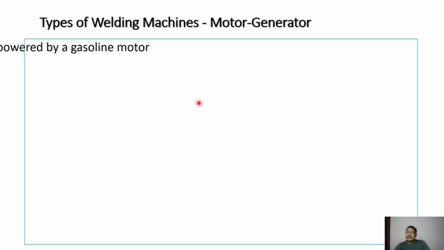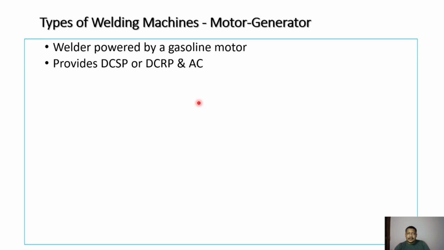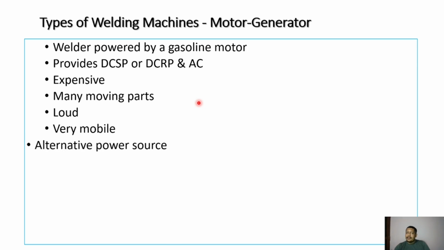The next type of welding machine is called motor generated. The welder is powered by a gasoline motor, and provides DC straight polarity, DC reverse polarity or AC. It is an expensive power source, with many moving parts, and the sound is also high, but it is very mobile, an alternative power source.